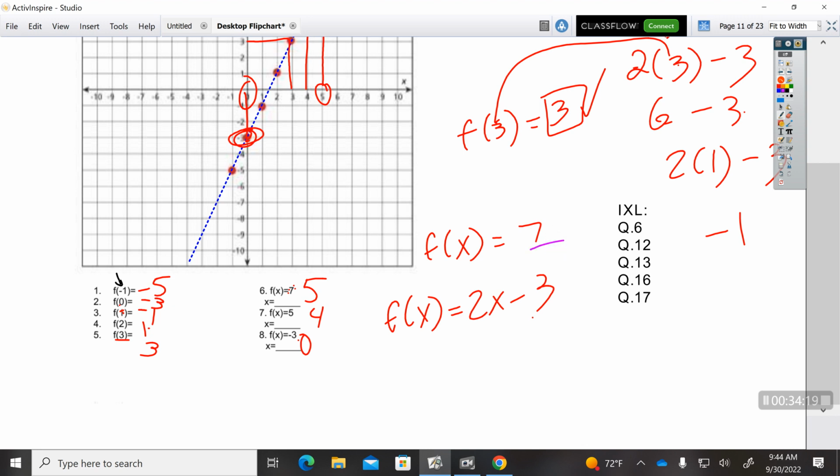When it was an x, we plugged it in for x. Now that it's a y, you're going to plug it in for y. What's y on the equation? F of x. Remember, y is the same as f of x. What does this say here? F of x is 7. So you could plug it in here. 7 equals 2x minus 3.